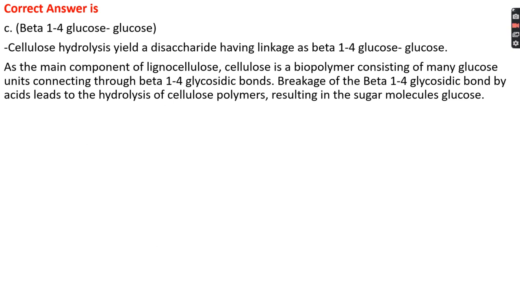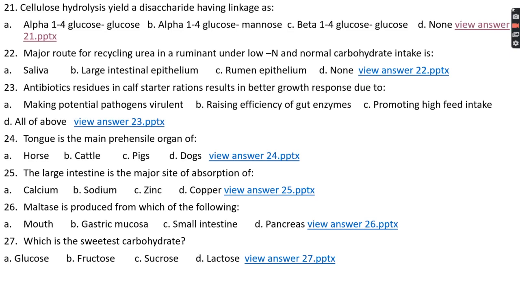As the main component of lignocellulose, cellulose is a biopolymer consisting of many glucose units connected by beta 1,4 glycosidic bonds. Breakage of the beta 1,4 glycosidic bond by acid leads to hydrolysis of the cellulose polymer, resulting in sugar molecules, glucose.